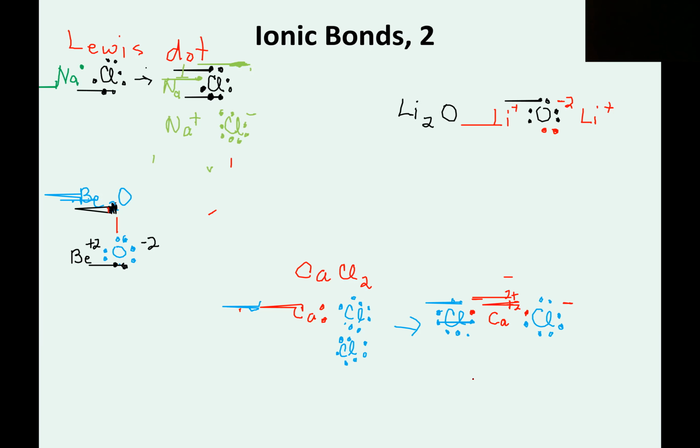Okay, now ionic compounds can dissolve into water or other solvents. They become the solute. Because they can dissolve into solvents, especially water, that means that their electrical current can be carried in that water.